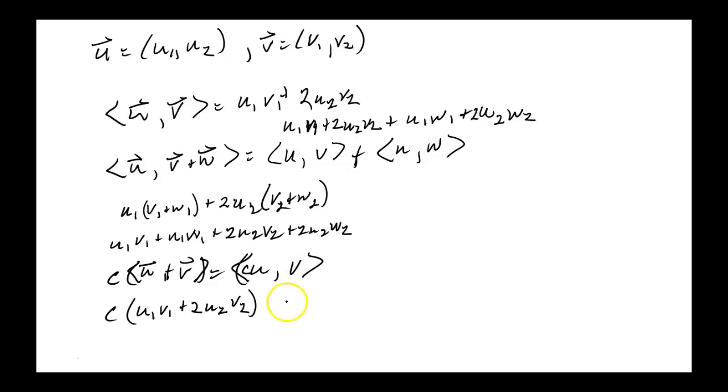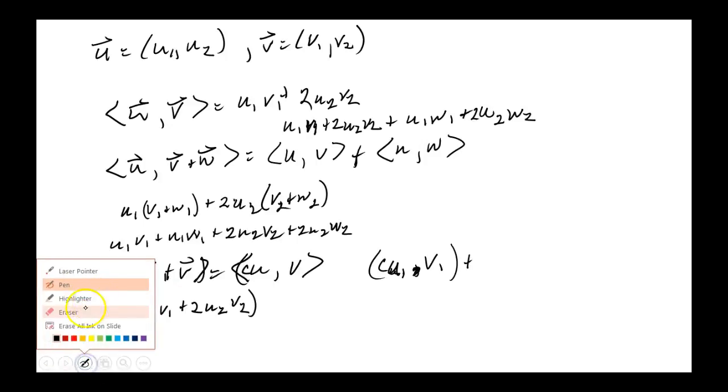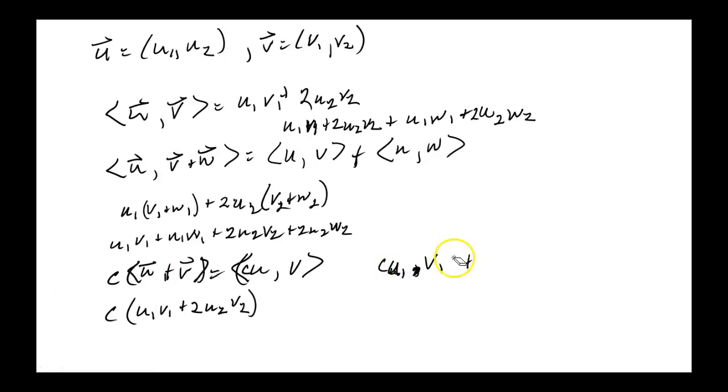Now, what this is: CU1 V1 plus 2 CU2 V2.